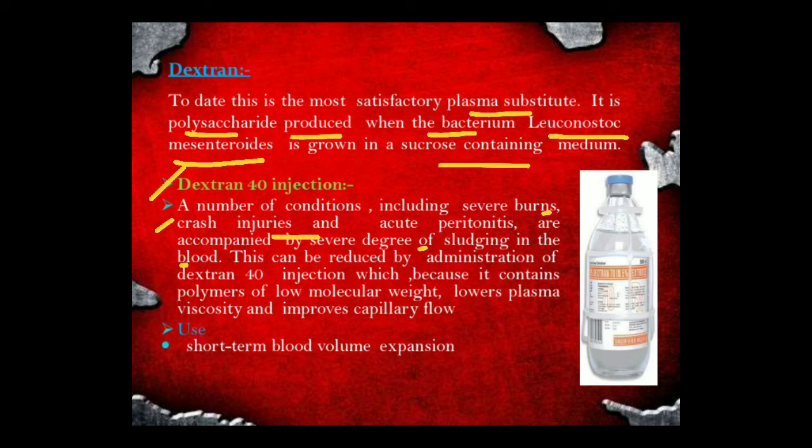This can be reduced by administration of Dextran 40 injection, which, because it contains polymers of low molecular weight, lowers plasma viscosity, and it also improves capillary flow. It is used in short-term blood volume expansion.